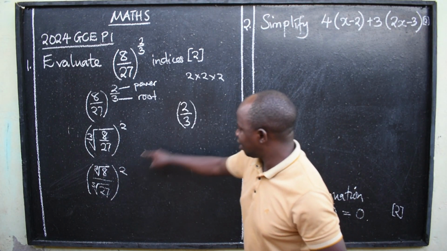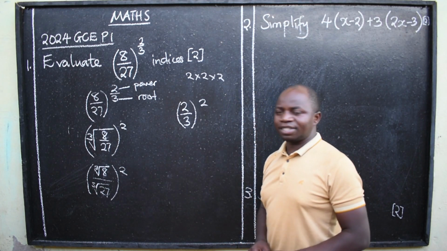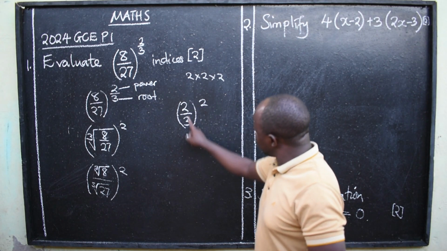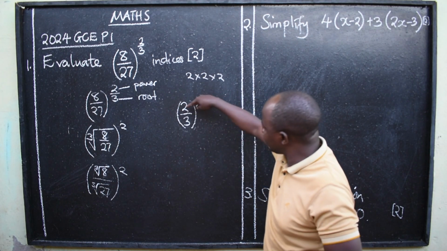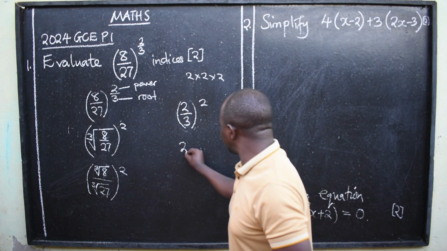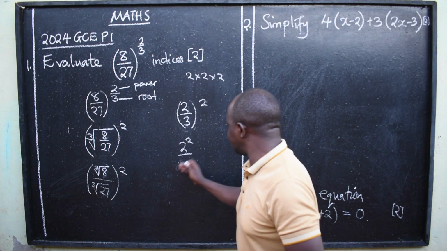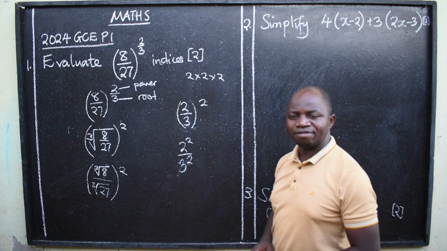Remember, there's a 2 outside as a power. Next, you separate this. As long as there are brackets here, it implies that the 2 is affecting the 2 and the 3. Therefore, this is the same as saying 2 to the power 2 over 3 to the power 2. That is the meaning.